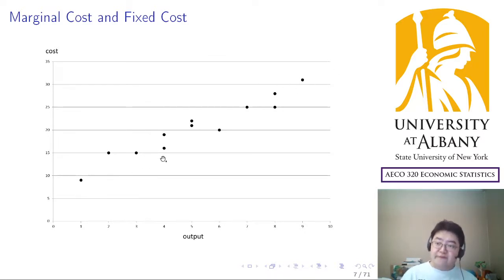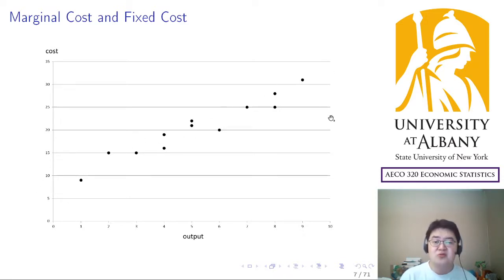So, there are only 12 observations, but you see clearly there is some kind of trend. Even if there are some irregularities, like these 2 points are the same, and there is a decreasing pattern here, and the same amount results in different costs, still, even if there are some noises, the overall trend is clear, right?